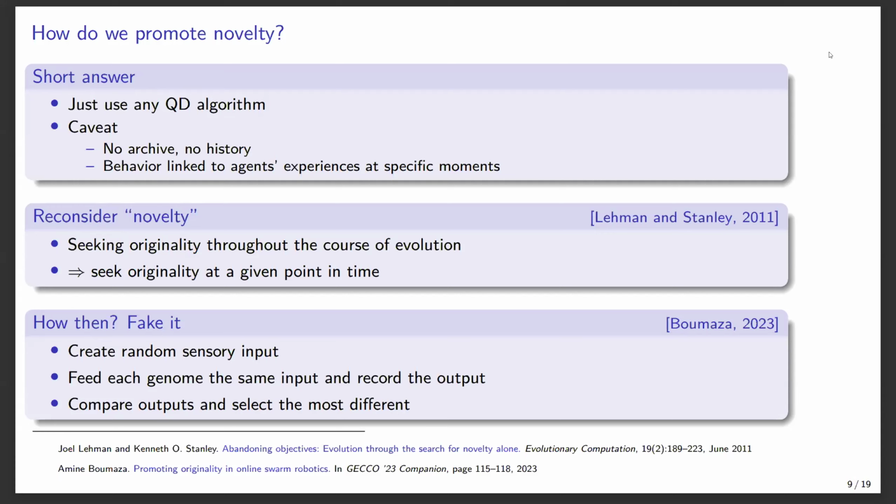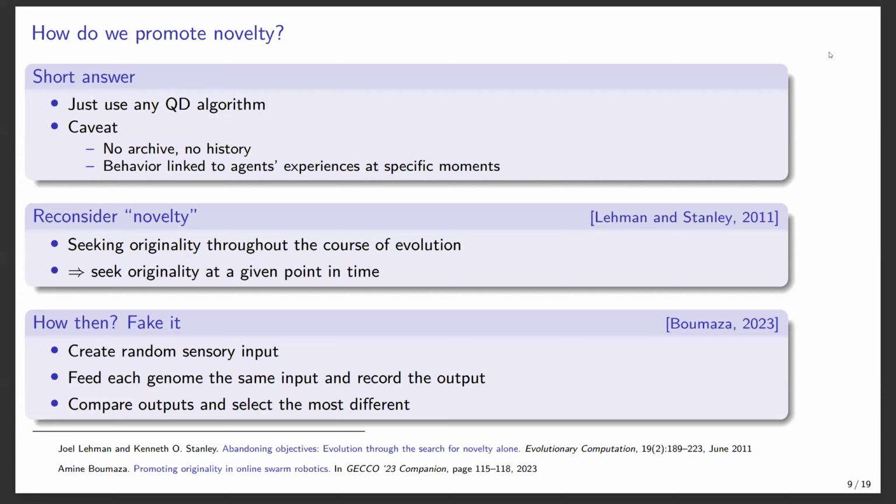The second thing, and the most important, is that the behavior is tightly linked to the agent's experience in a specific moment. A genome creates a behavior with the specific agent in a specific place physically and at a specific moment in time. If we take the same genome somewhere else, it will probably exhibit another behavior. So comparing behaviors, as in traditional QD algorithms, becomes difficult.